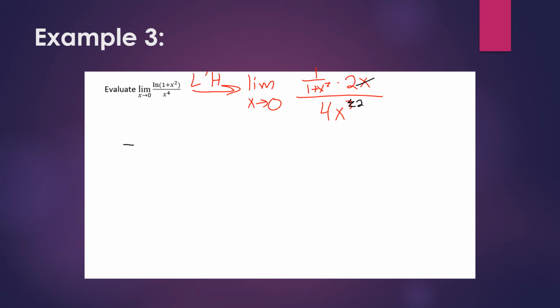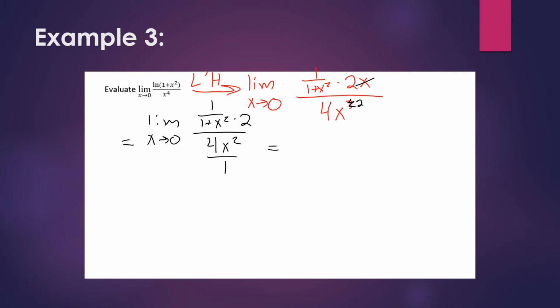We would be looking at the limit as x approaches 0 of 1 over 1 plus x squared times 2, all over 4x squared. Now, this can reduce. If I turn the 4x squared into 4x squared over 1, a fraction over a fraction means flip and multiply.